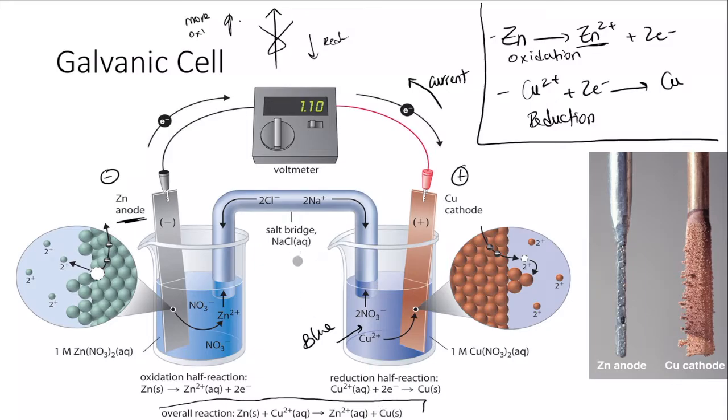Hope that the galvanic cell is clear. Now this cell, the Zn and the Cu, we call it the Daniell cell. But the galvanic cell is a more general term for all cells that hold different metals.